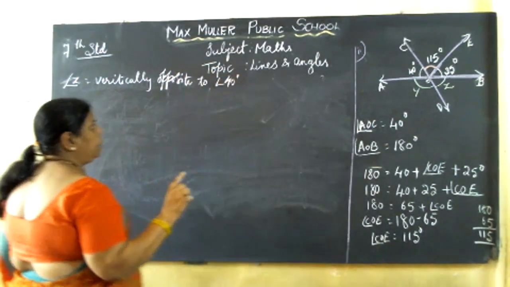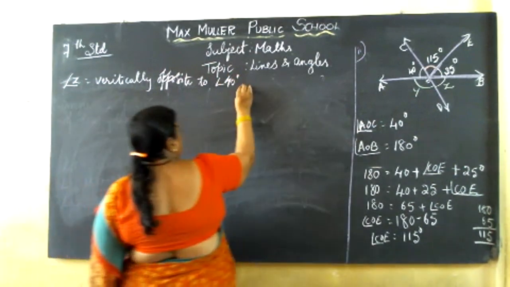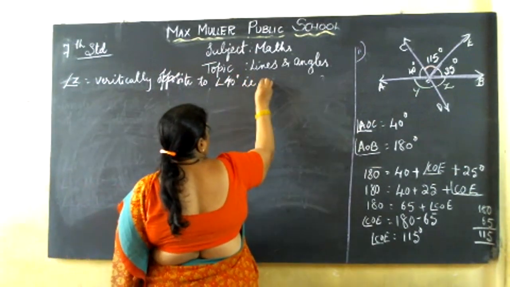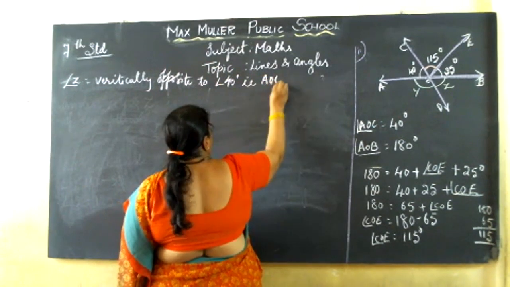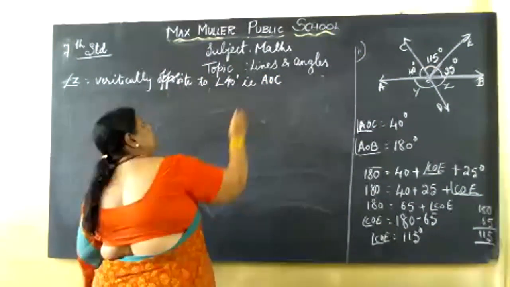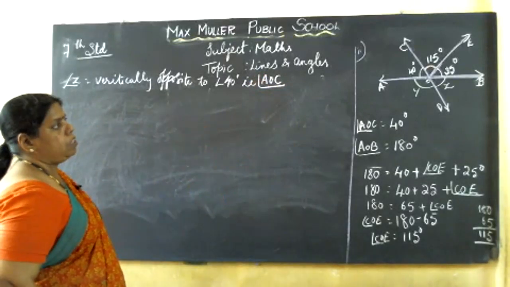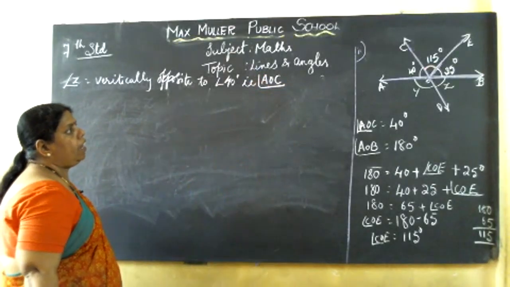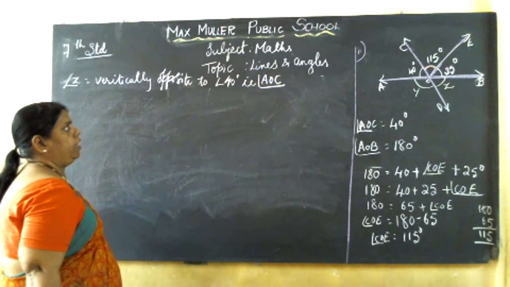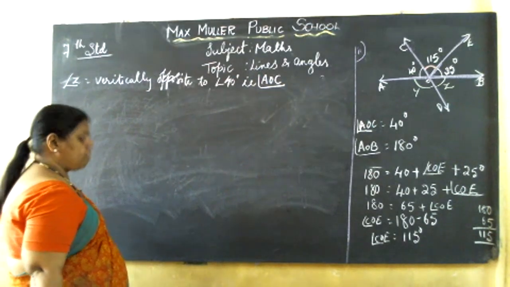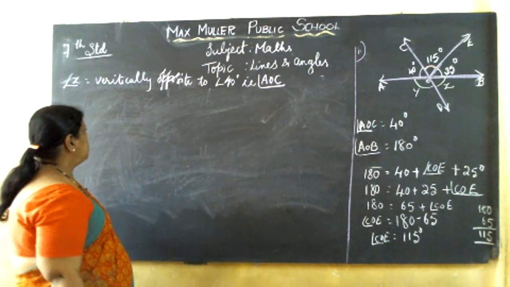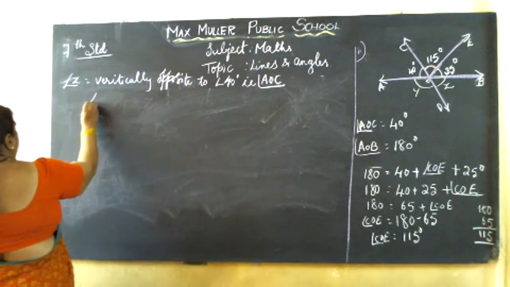That is angle AOC. It is vertically opposite to angle AOC, that is 40 degree. So Z is equal to how much? Z is equal to 40 degree.